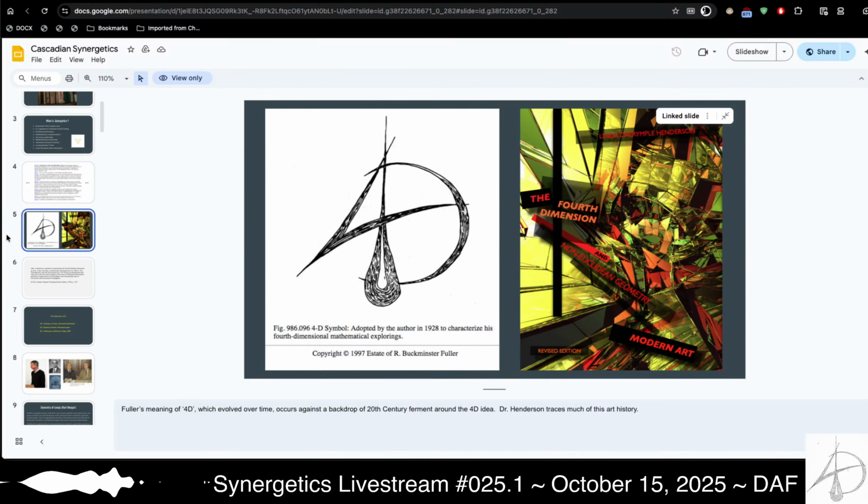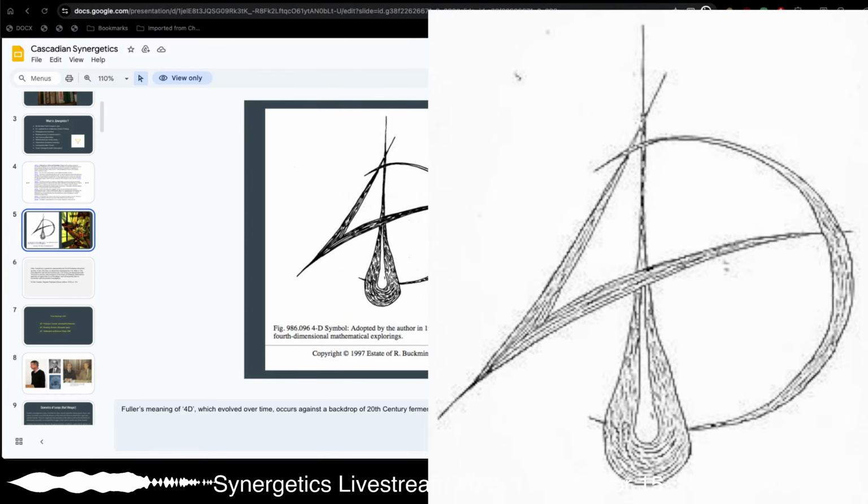4D was a big meme at the beginning of the 1900s. This was a drawing that Buckminster Fuller made in 1928 that was adopted to characterize his fourth dimensional mathematical explorings. And you can see that in Synergetics section 986. You can also see it, of course, on the live stream that I'm doing right now.